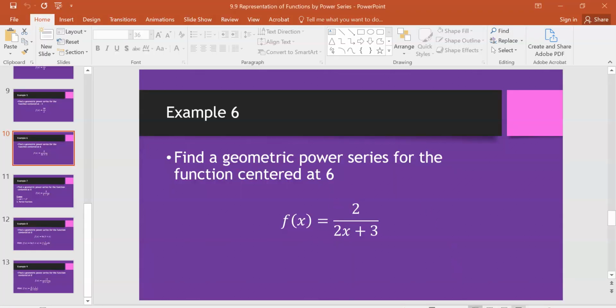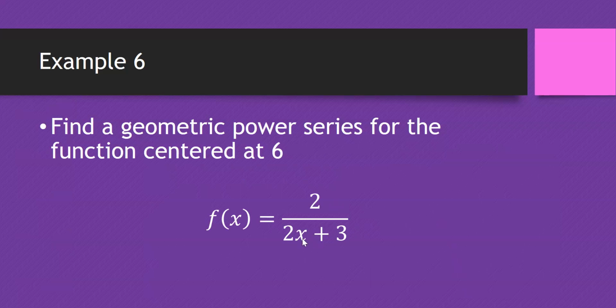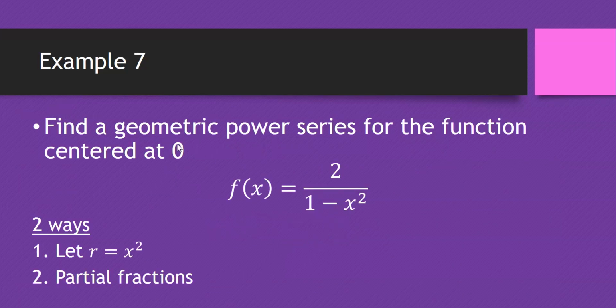Now, there's some other algebraic things that we can do as well. Here we had 2x. Well, what if we have a geometric power series and we're involving an x squared in the denominator? Now, depending on where we want to center this, it might be really easy. The easiest way to deal with this function here is to do 2 over 1 minus x squared.